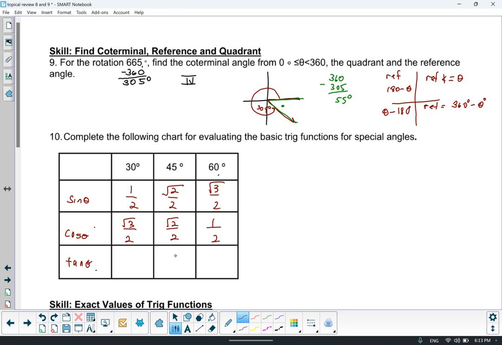Anything divided by itself is 1. So sine divided by cosine is 1. This is rad 3 over 3. And tan of 60 degrees is just rad 3. Notice that the smaller angle is smaller. It's the 1 divided by 3 for tan.